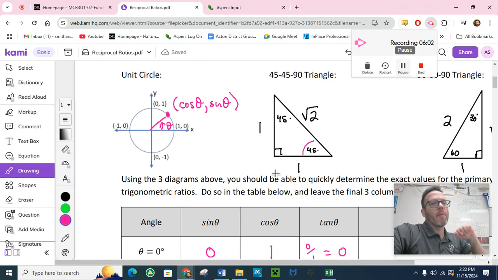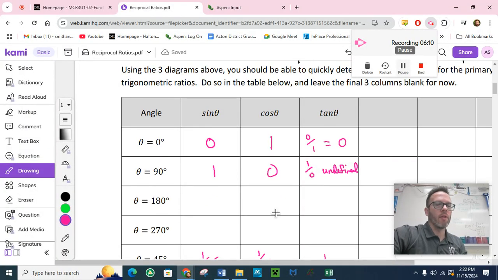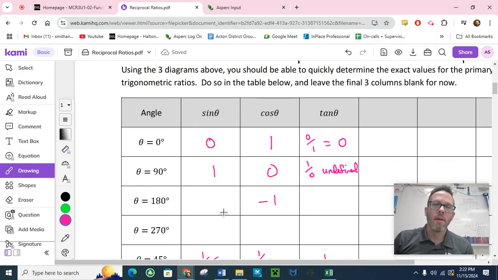Can somebody different tell me the point that corresponds to 180 degrees? Graham? -1, 0, which means the cosine of 180 is -1. The sine is 0. And the tangent of 180 is 0 divided by -1, which is equal to 0. And then one last person, what point corresponds to 270 degrees?